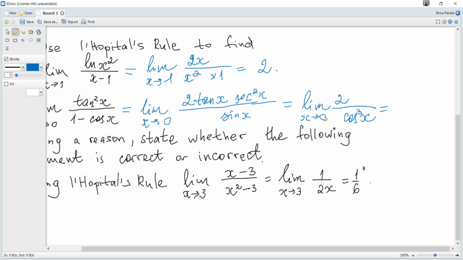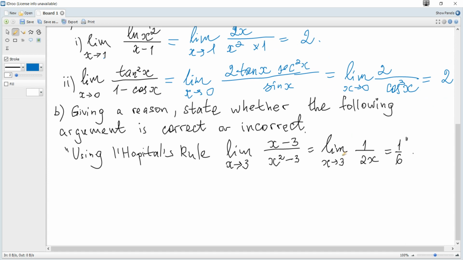Now when we substitute 0, we get 2 over 1, which is just 2. So it's not required to apply L'Hopital's rule again, because we can simplify and we get some value, not 0 over 0 or infinity over infinity.